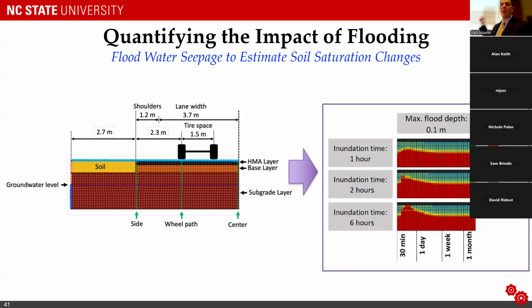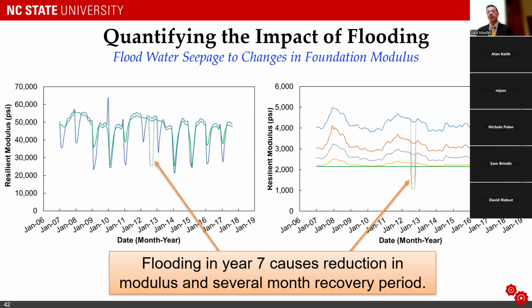And on the right-hand side is sort of a profile of what that saturation looks like as a function of time and as a function of the inundation that we have. Okay, and we can actually get reasonable predictions of inundation, and then leveraging physical relationships between degree of saturation and flooding, we can start to look at what's the impact on the modulus or the bearing capacity of the soil underneath the pavement, and then integrate that into the long-term performance predictions.